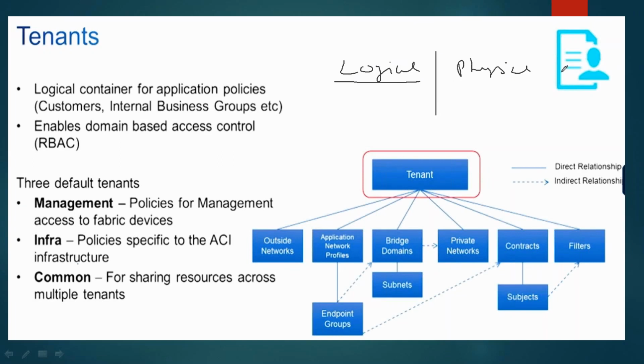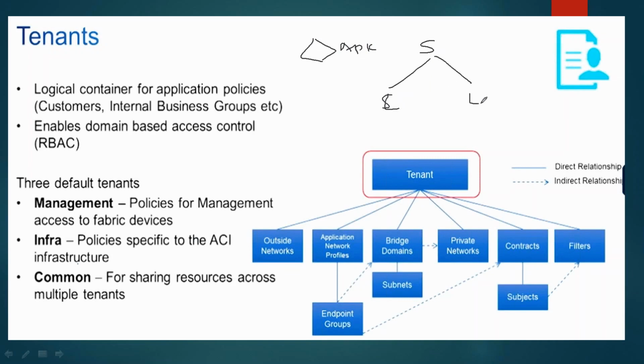Now if you see the overall fabric structure, I have the management plane called the APIC controller, from where I can manage the spine and leaf infrastructure. So I have spine and leaf, meaning across the fabric I can manage the entire fabric, correct?